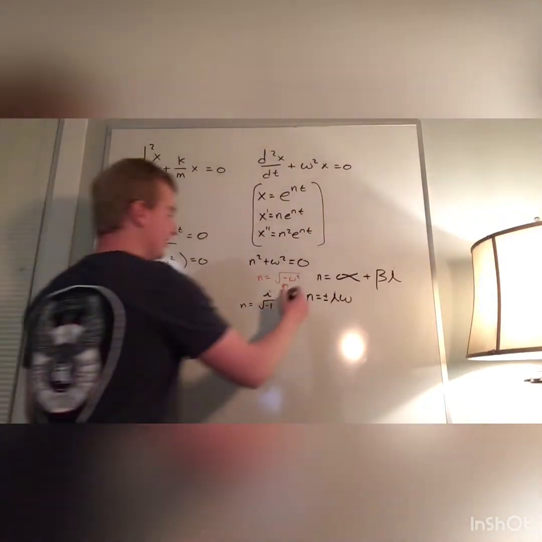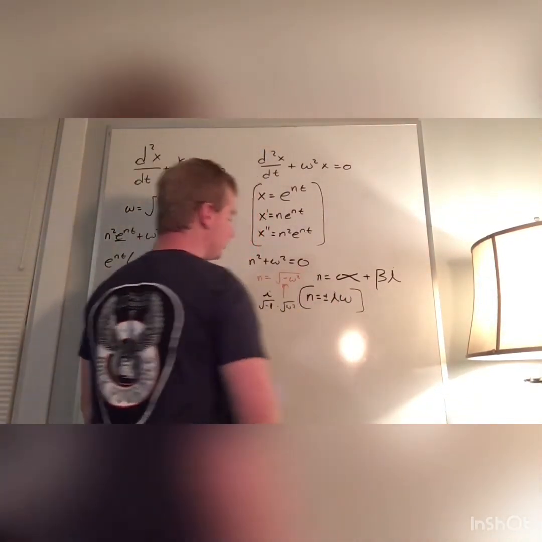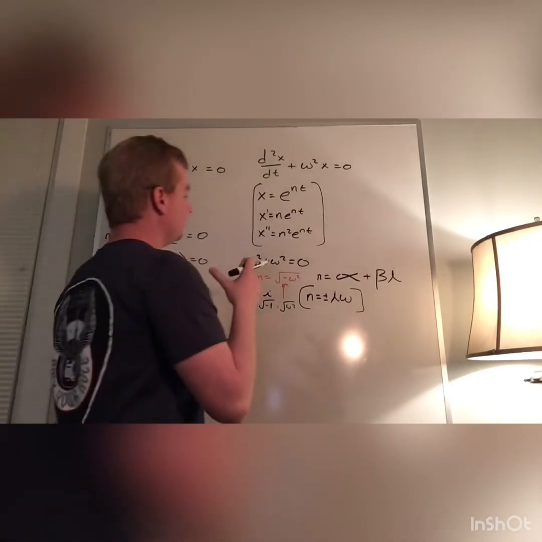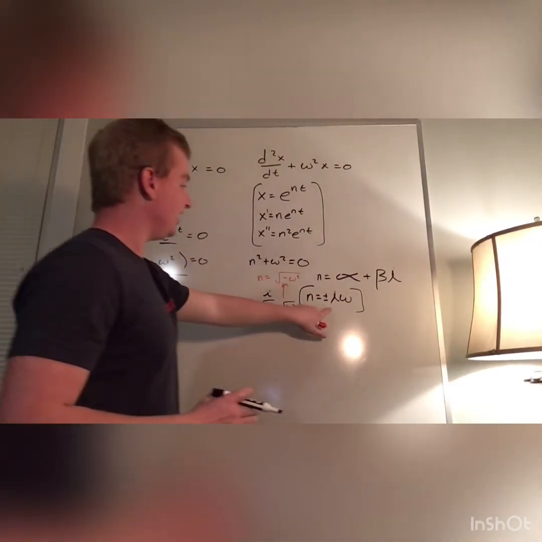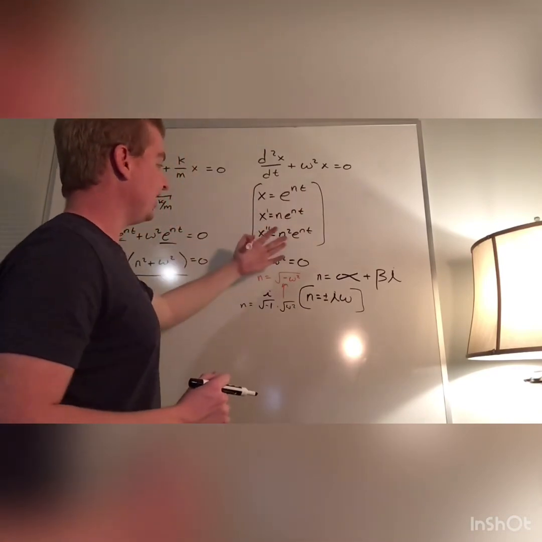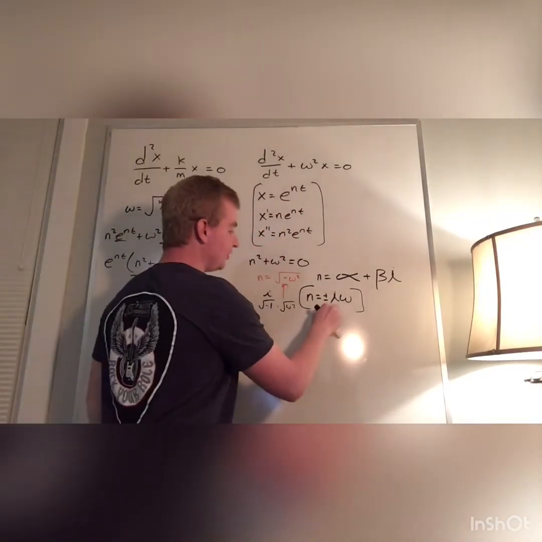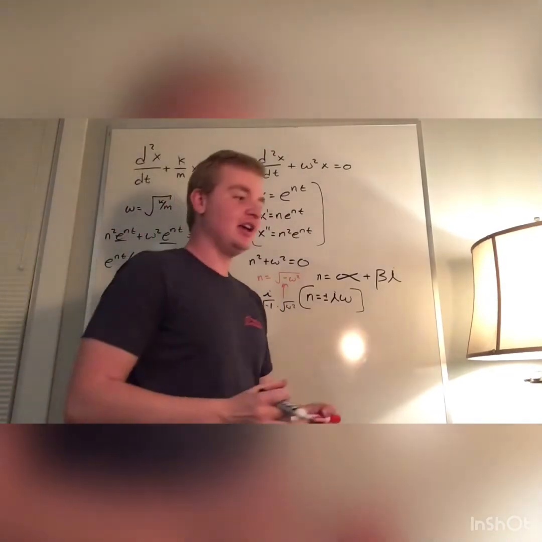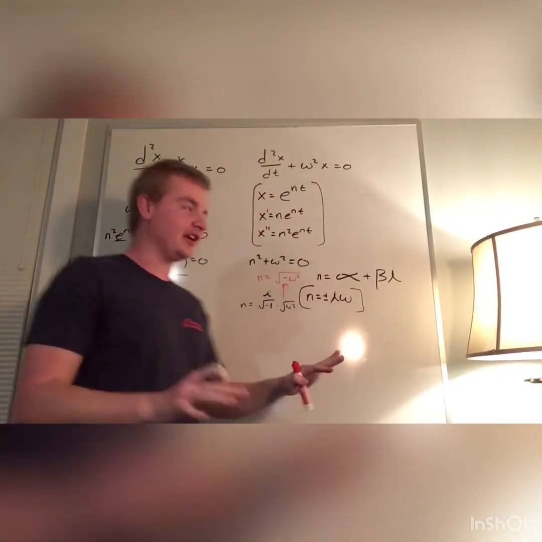So we've come up with two solutions for our n, right? When plugging this into our exponential, since we have two of these, we're going to have two linearly independent solutions, which yields our two constants and everything.